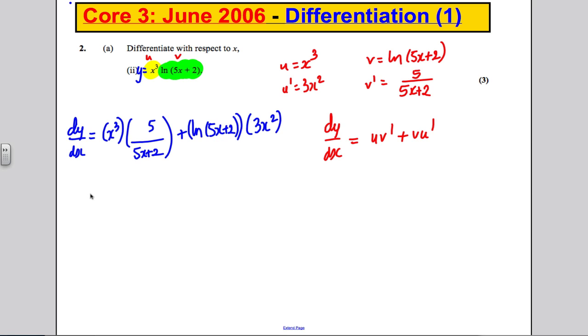Okay, so just trying to tidy this up. Here we would have 5x cubed over 5x plus 2, and here we would probably bring this to the front, and it would be 3x squared ln of 5x plus 2. There's no point in tidying up any more than that. That is absolutely fine.